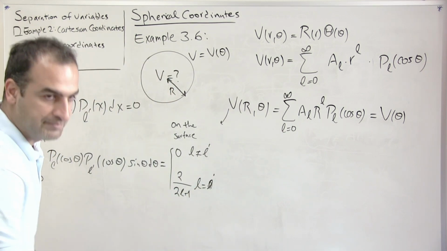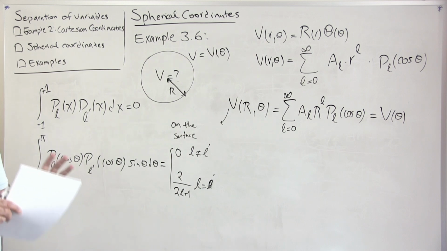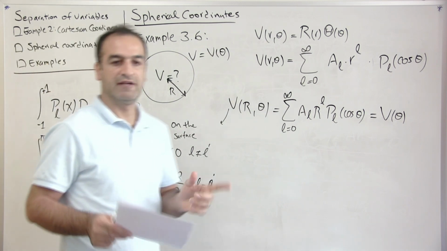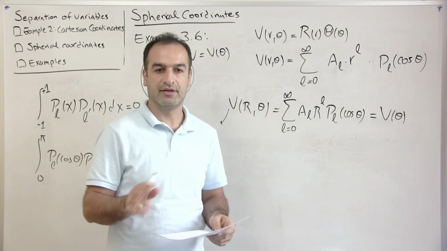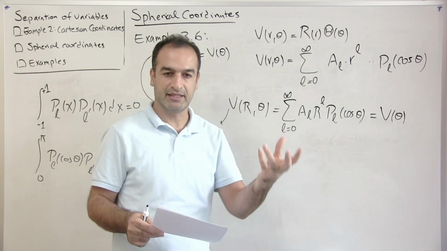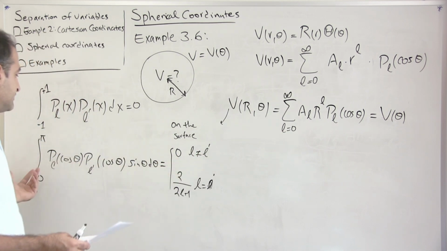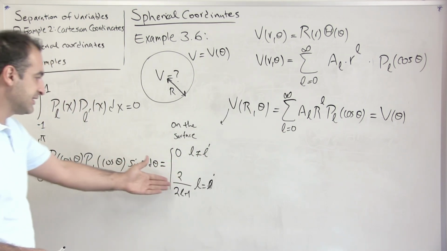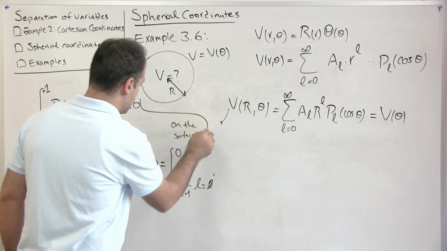Okay, so in the mathematics world, that means that PL and PL prime are orthogonal to each other. If we have two Legendre polynomials of different order, they are orthogonal to each other. If you integrate that, that becomes 0. If L and L prime are the same, then they are not orthogonal, they are the same function, and you get some positive values. Okay, so this is important and useful.